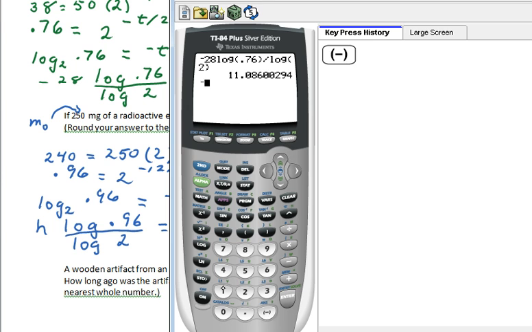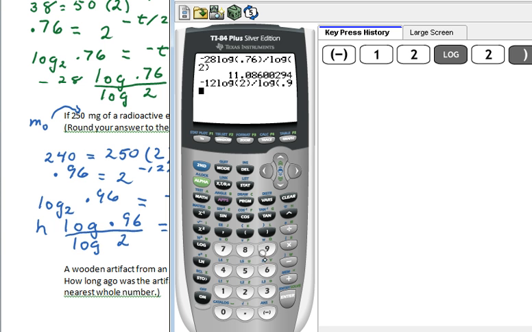So negative 12 log 2, make sure that you close the parentheses, divided by log 0.96, close the parentheses, and hit enter.